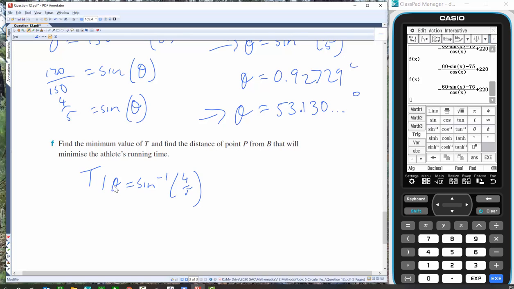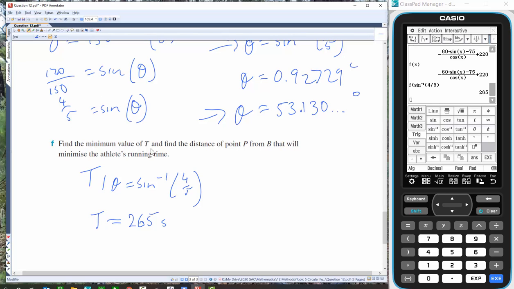So if we simply slap sine inverse of 4/5 into the function, we'll get the minimum value for t. So we'll do that on the calculator as well. I'm just going to do f of sine inverse 4/5, and we get 265. And I think that that's seconds.